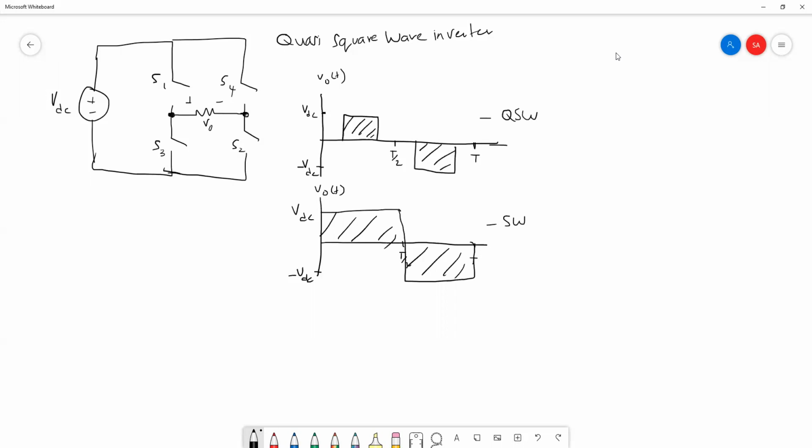If we compare these waveforms, we can definitely say that the quasi square wave more resembles a sinusoidal. So the quasi square wave THD is much lower than the square wave.